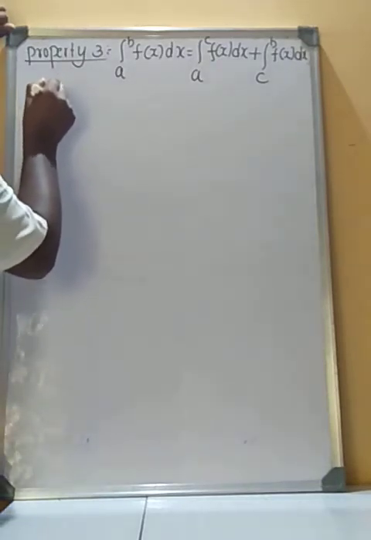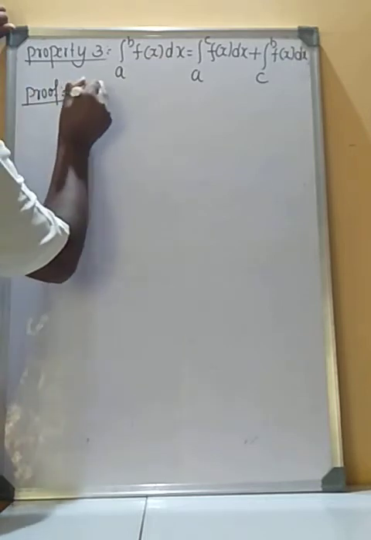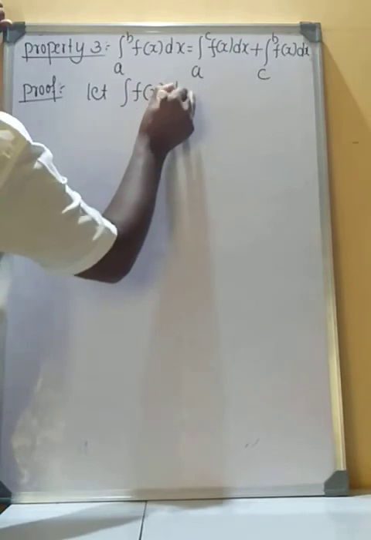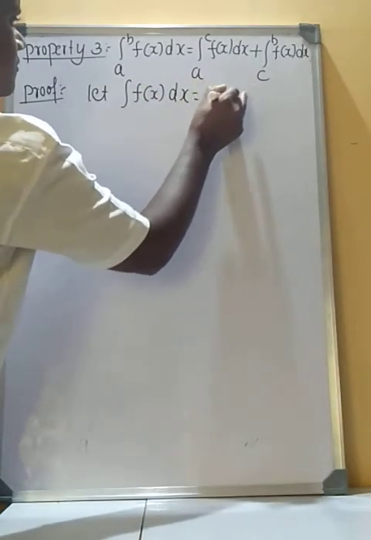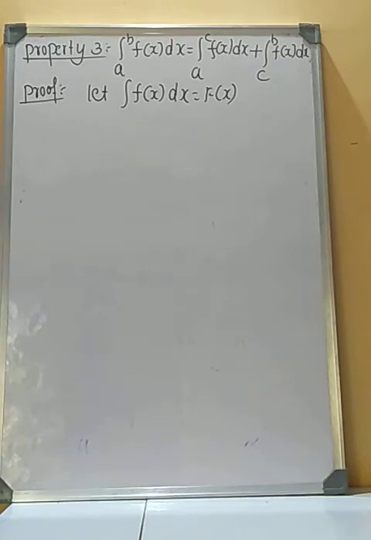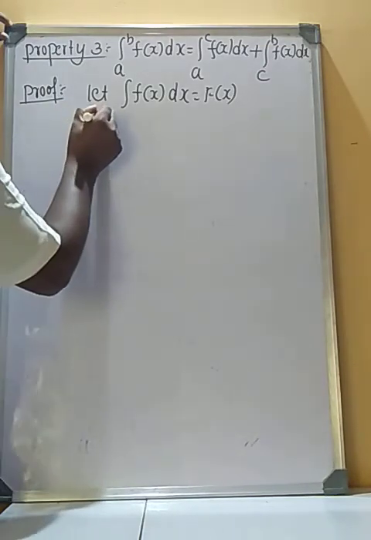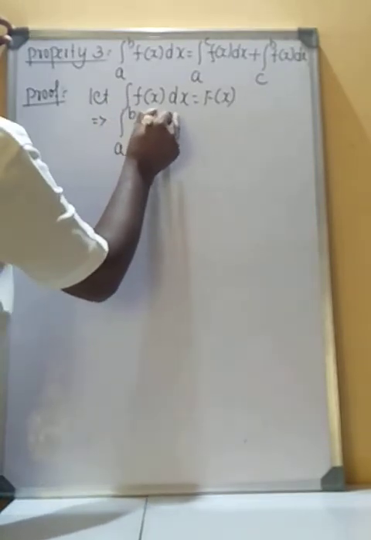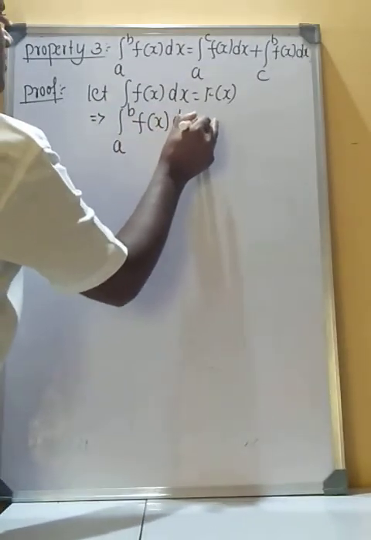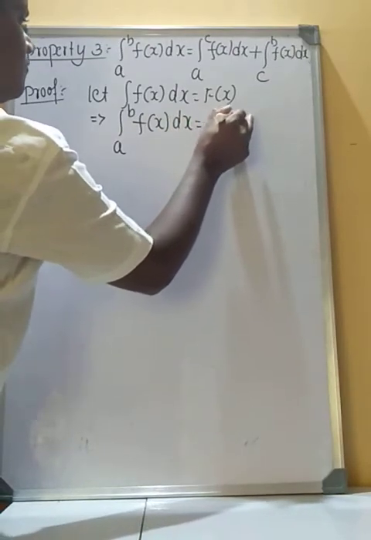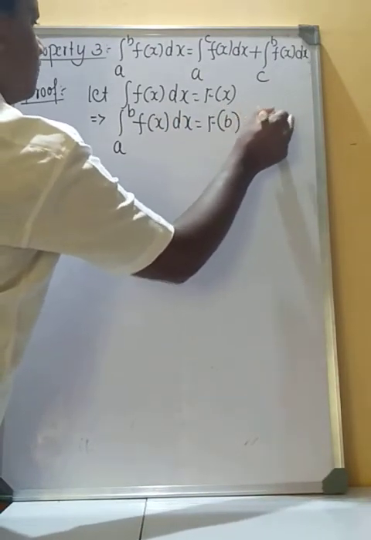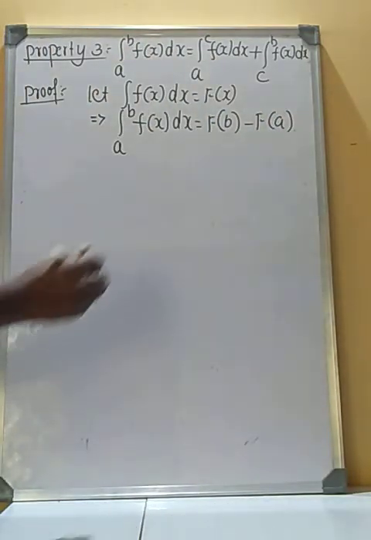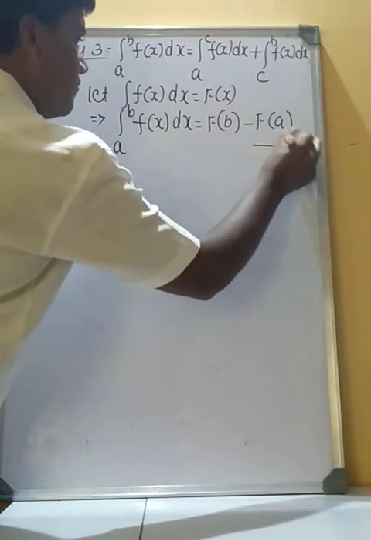Proof: let integral of f of x dx be equal to capital F of x. This implies integral a to b f of x dx is equal to F of b minus F of a. Call it equation number 1.